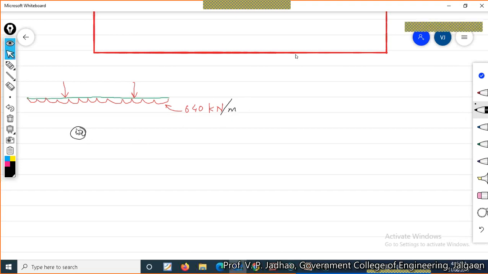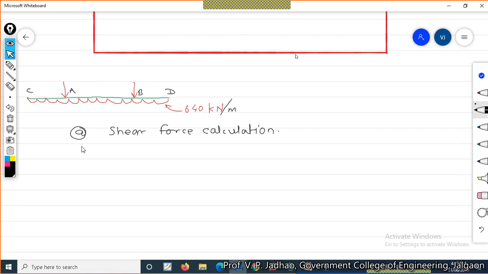Let us consider shear force calculation. Let us consider this as A and this as B, this as C and this as D.